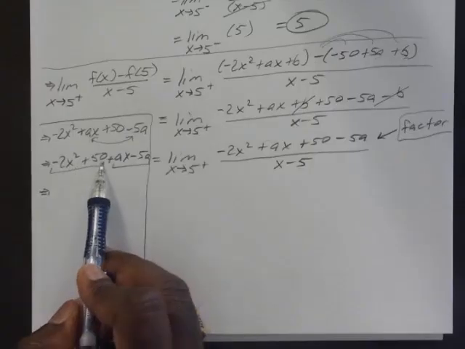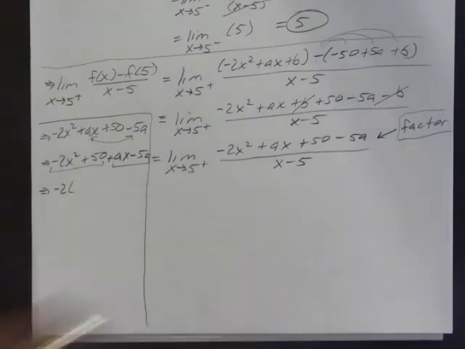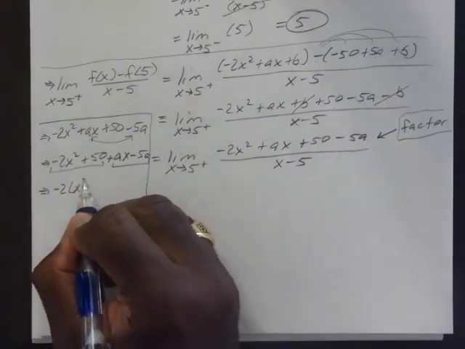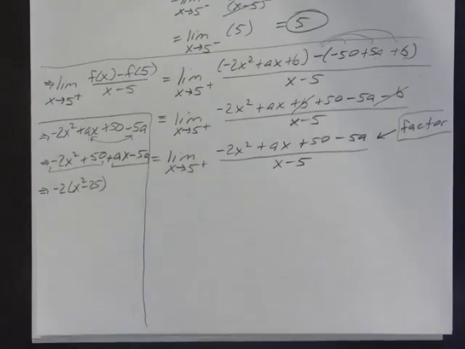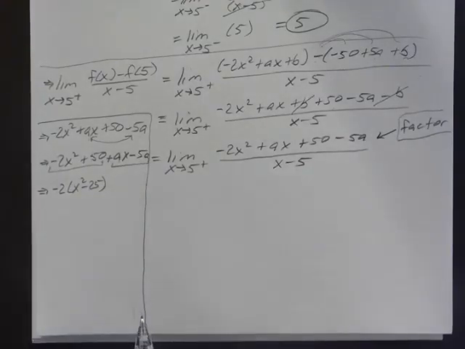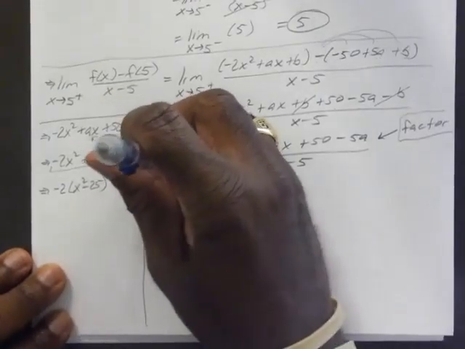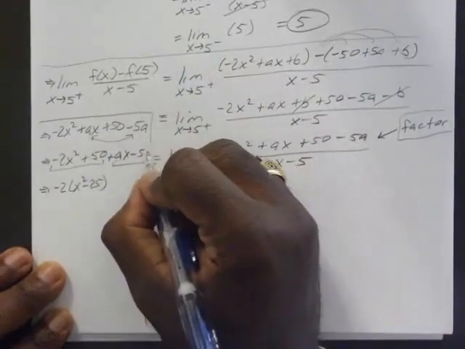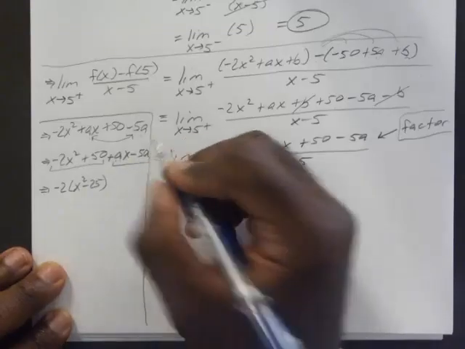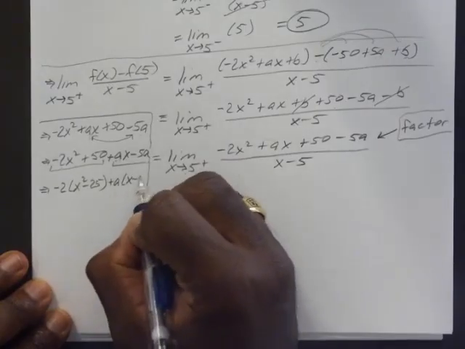The negative 2x squared plus 50, we can factor out a negative 2, and that'll leave us with x squared minus 25. And for these two, we can factor out an a, and that leaves us with x minus 5.